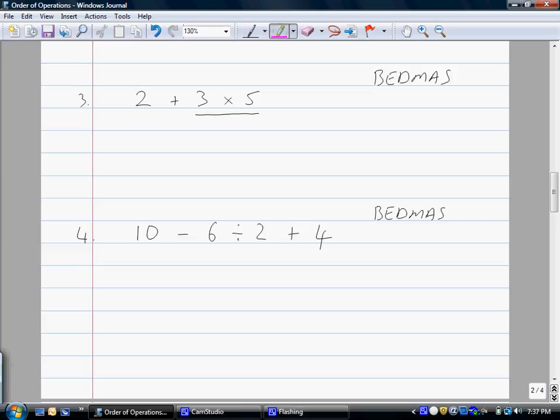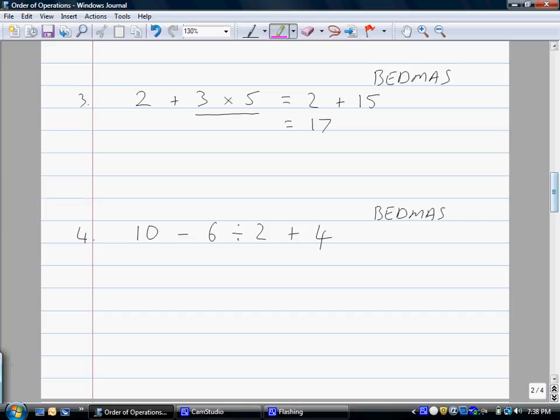Now be careful what you write here, because you're thinking now 3 times 5. You want to work that out, but you can't forget the 2. You still have to write that. You write the whole expression in the same order, but we're just going to work this thing out here. So what I write is equals 2 plus 3 times 5 is 15. I have to write the 2 plus. Okay, now there's only one operation, so I just work that out, 17.